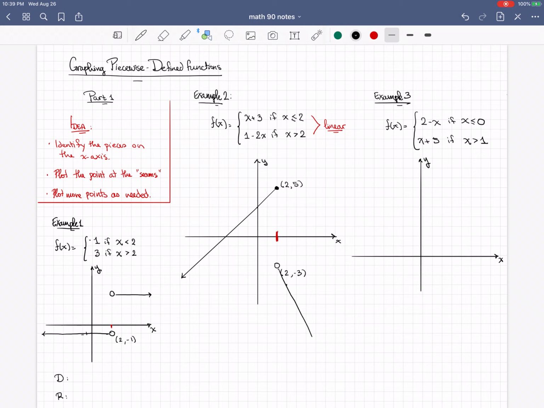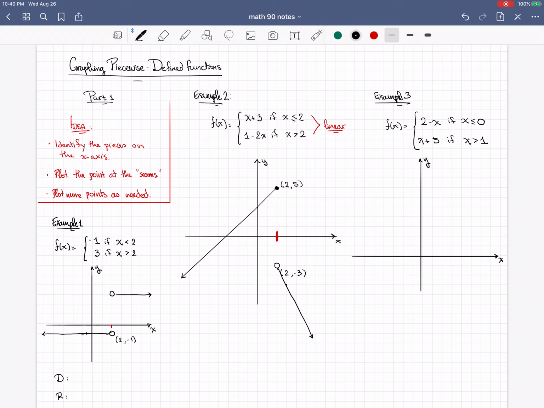And I get something like this. So that is the second piece. So that's the graph of this function. Okay, notice that I put little arrows on the edges of my pieces to make it really clear that both of these go on forever. We do not have a stopping point.